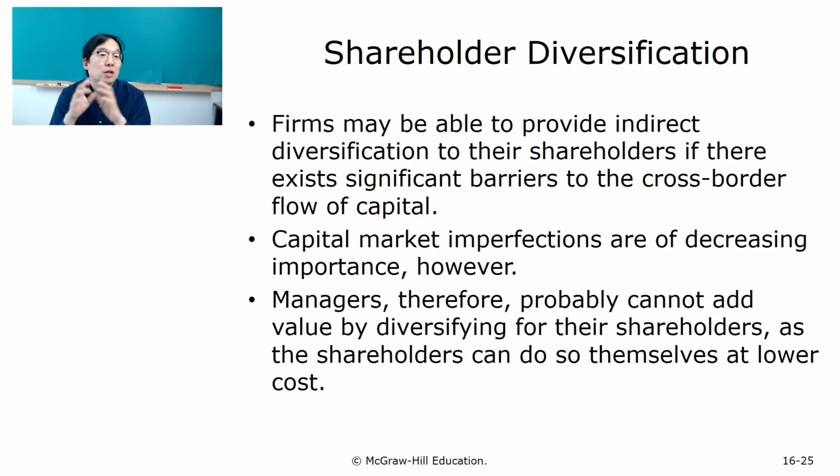So you, as an investor yourself, don't have to worry about diversifying your portfolio too much. So indirect diversification to their shareholders if there exist significant barriers to the cross-border flow of capital, and capital market imperfections are of decreasing importance, however.